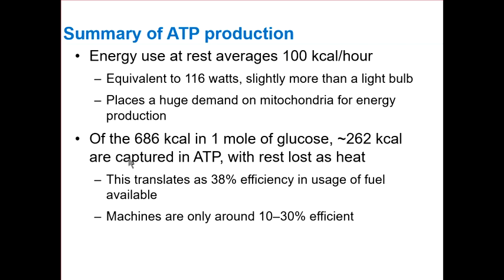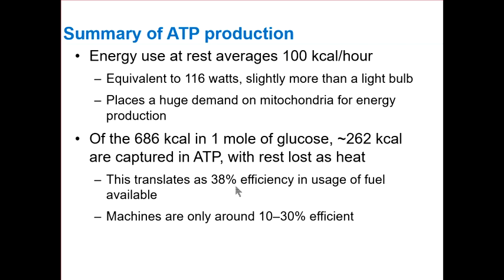And this area down here tells us how efficient our bodies are at producing ATP. So using a mole of glucose, the amount of ATP that we produce, when taking into consideration all of the kilocalories and what's lost due to heat, translates to 38% efficiency.